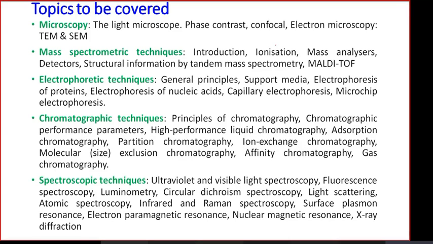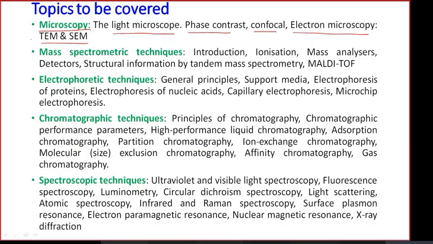So what you will be expecting in this course from me, the topics which will be covered. The first one is the microscopy. In that we will be talking about light microscope, phase contrast microscope, confocal microscope, electron microscopy like TEM and SEM.